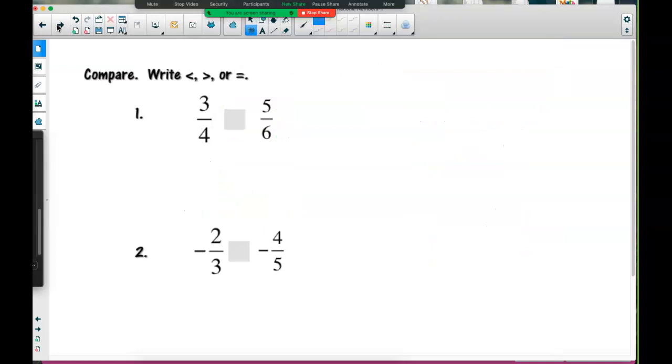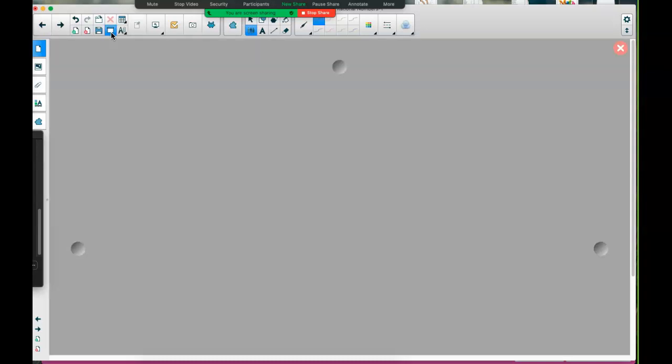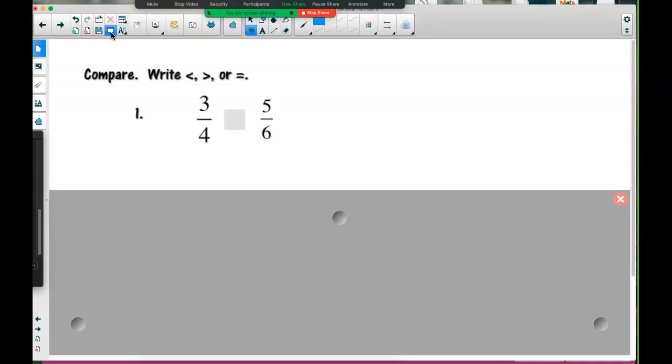Okay, so on your homework, you're gonna see a few problems that look like this, where it says to compare, and you're supposed to write less than, greater than, or equal to. So I want you to put these problems in your notes. Let's start, I'm gonna cover up the other one. Let's start with number 1. 3/4 and 5/6. Which is the bigger fraction?